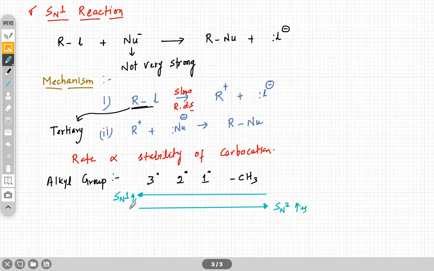The tendency to go under SN1 increases this way, and the tendency to go under SN2 increases the other way. These are the points you must keep in mind.